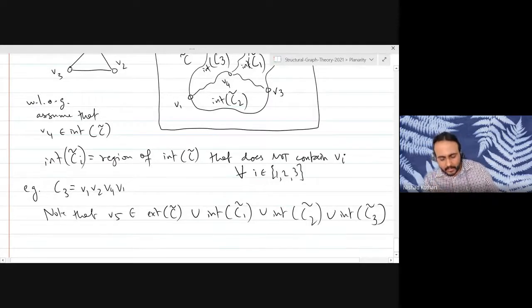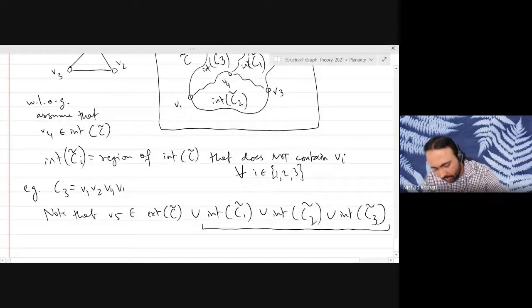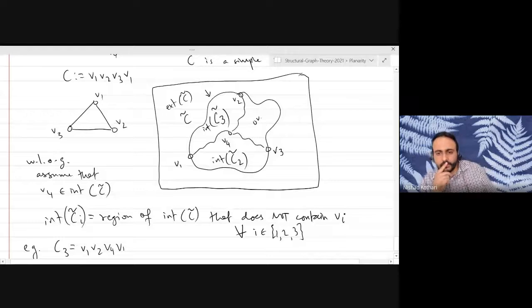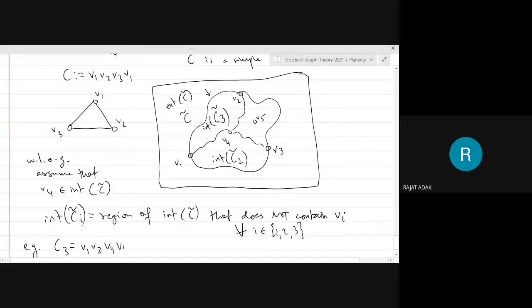Okay? So let's first deal with the second case. Supposing it belongs to one of these, then what is the problem? Supposing I draw V5 in the interior of C1 tilde. Supposing I put V5 here. What is the issue? We cannot have the edge V1, V5.